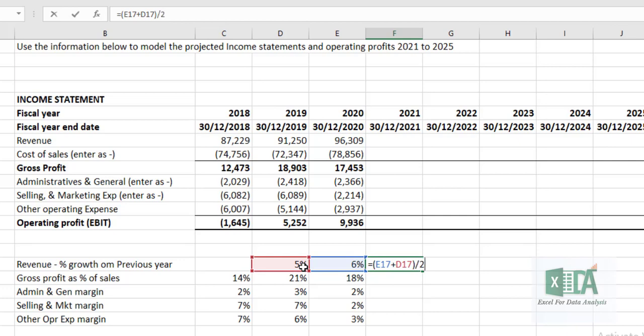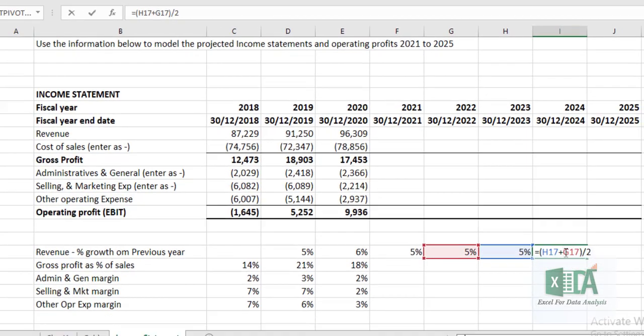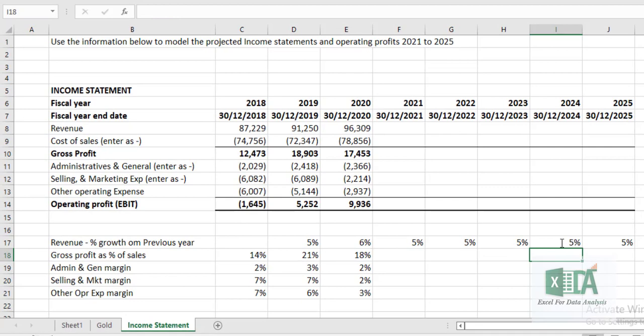I'm using this formula so that you can remember how to put brackets. You have to put the bracket at the right place to arrive at the proper answer. So that means we take the average of the 2 previous years to arrive at the projected growth for next year.